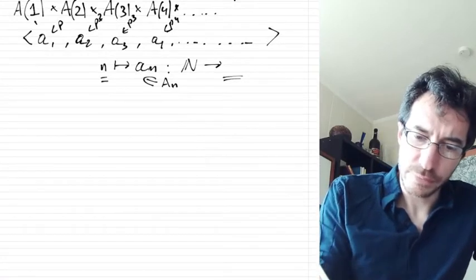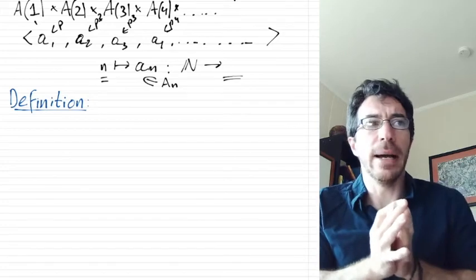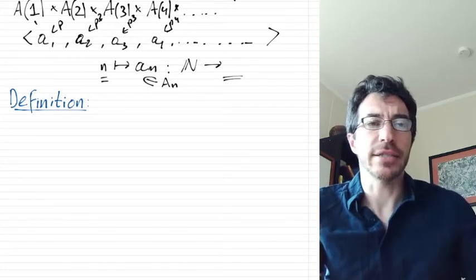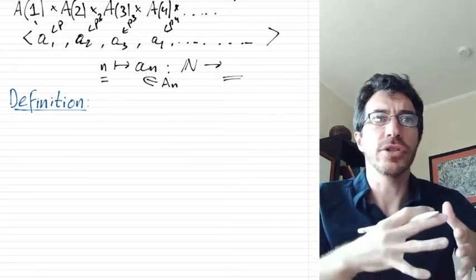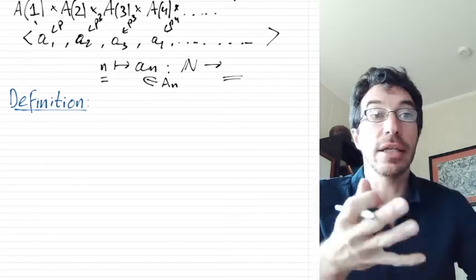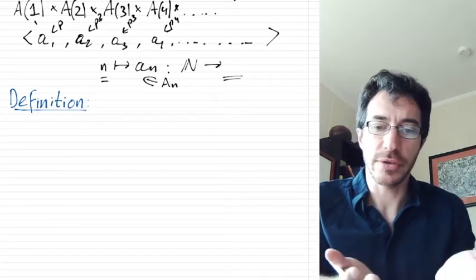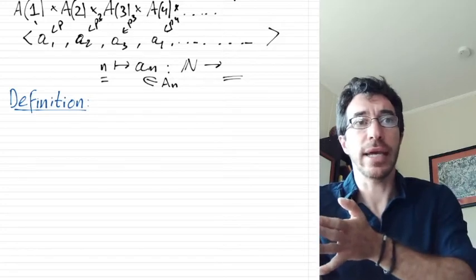So here we go. Definition. First, how are we going to represent all these infinitely many sets? Well, to represent infinitely many sets, we're going to consider a function that for each n gives you a set, right? So these A sub n's are a function that, given n, outputs A sub n.